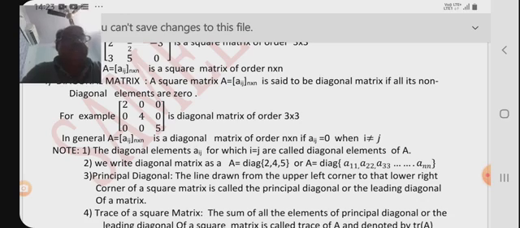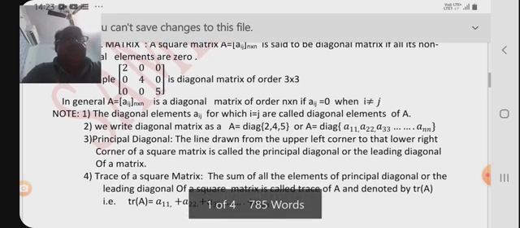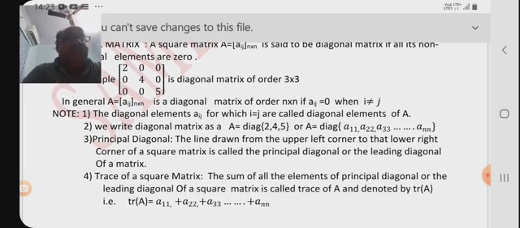What is principal diagonal? The line drawn from upper left corner to the lower right corner of a square matrix is called principal diagonal or the leading diagonal of a matrix. In our example, upper left corner is 2, and lower right corner is 5.